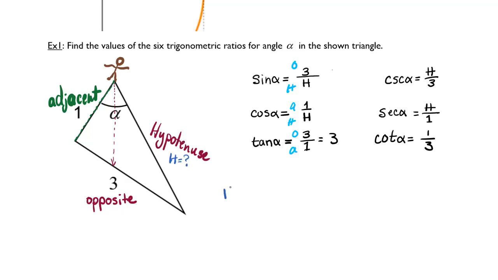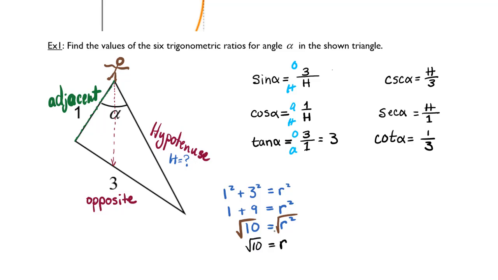So if we take 1 squared plus 3 squared equals r squared, let's find out what r is. So we have 1 plus 9 equals r squared. So r squared equals 10. If we take the square root of both sides, we get r equals the square root of 10.